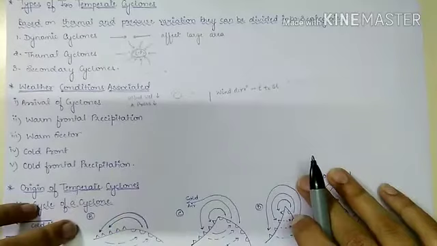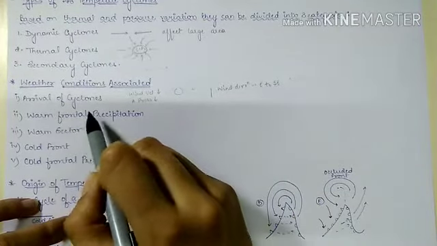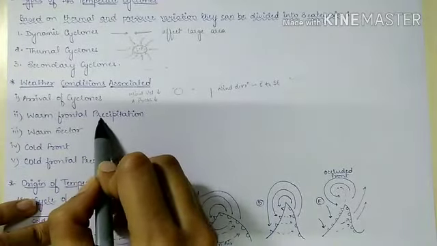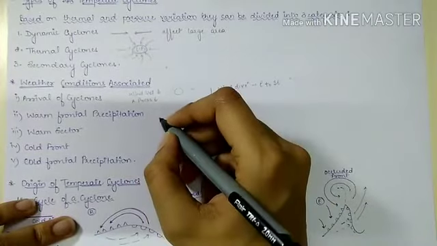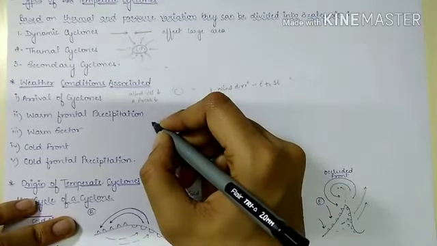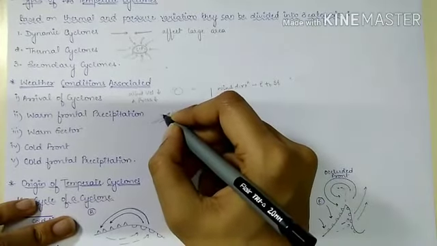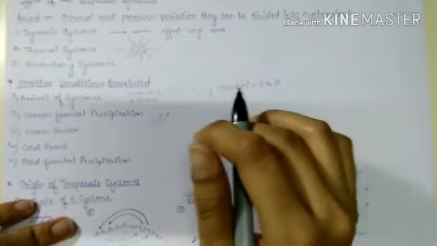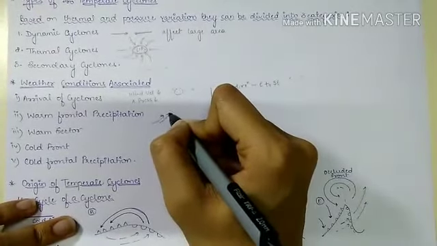Now if we have warm fronts, then we will have warm frontal precipitation. Now as we have studied, during the warm fronts, what will happen? The warm air will rise by its own. Okay, and clouds will be formed.